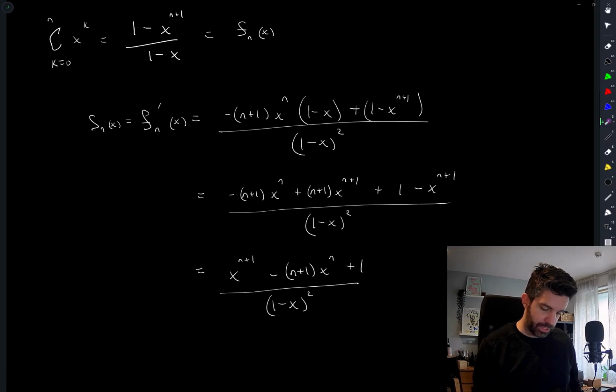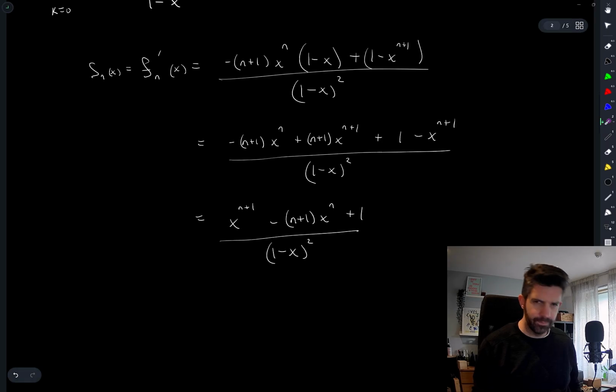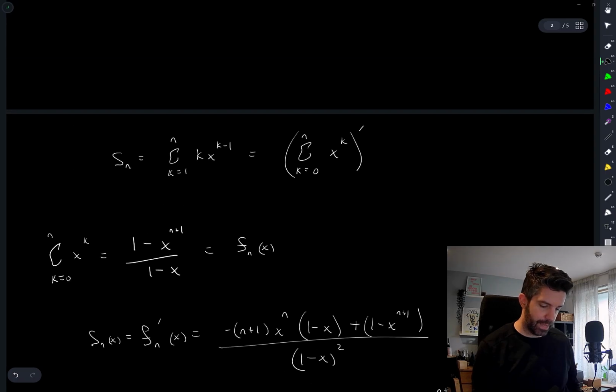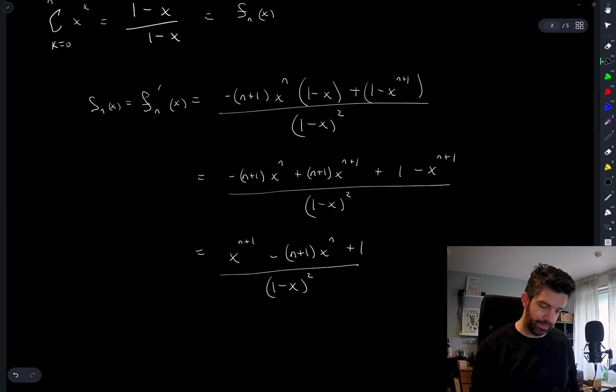And we should be able to check something must factor in the numerator, because Sn is a polynomial, but I have it written as a rational function.